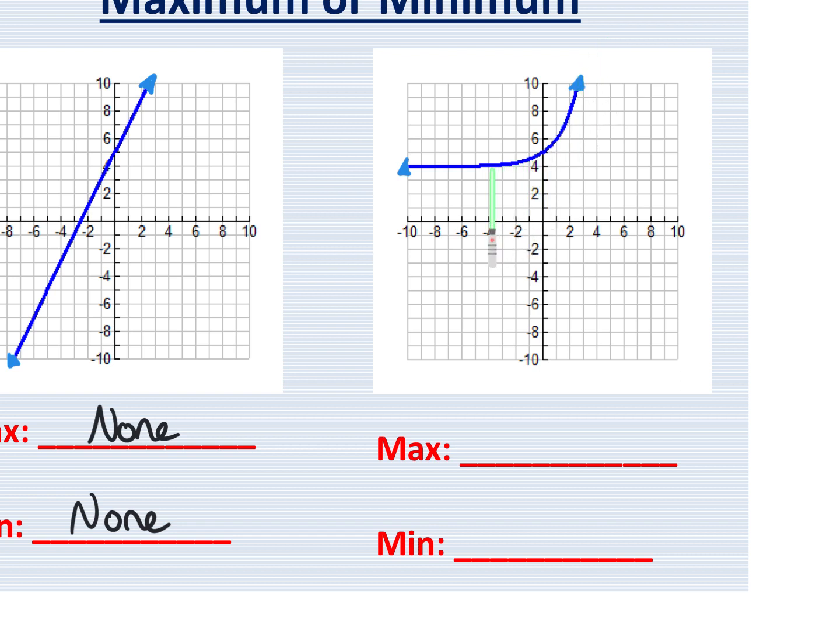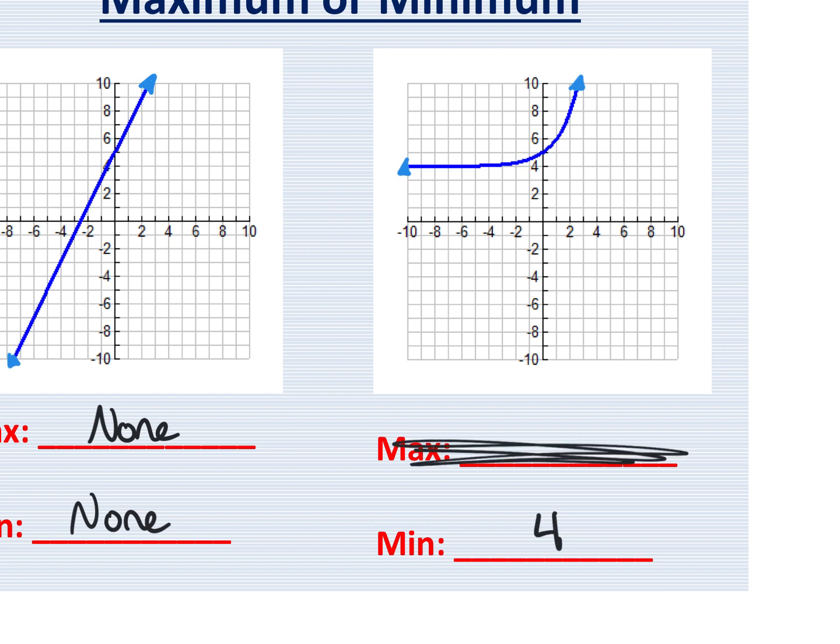But as you go down, it starts to level out at what number? 4. So we know we're going to either have a max at 4 or a minimum at 4. Okay? Yeah, it's going to be a minimum. So you would say you have a minimum at 4. Is there a maximum? No.